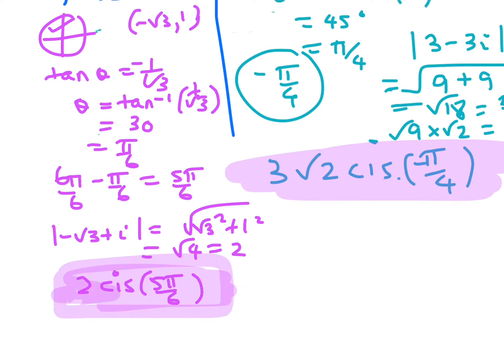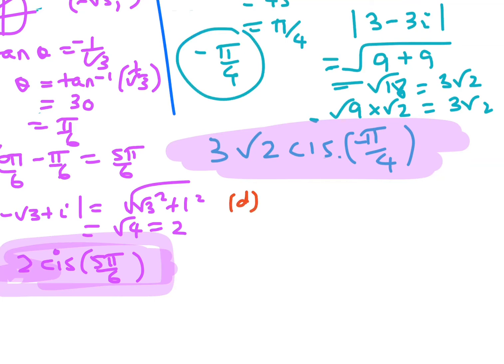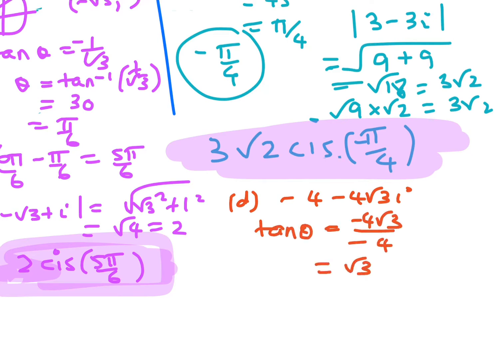Okay, all right, so the next one, that's D, so it's minus 4 root 3 minus 4i. So tan theta is minus 4 root 3 on minus 4, which is just root 3. Negative x and negative y would be in that quadrant.